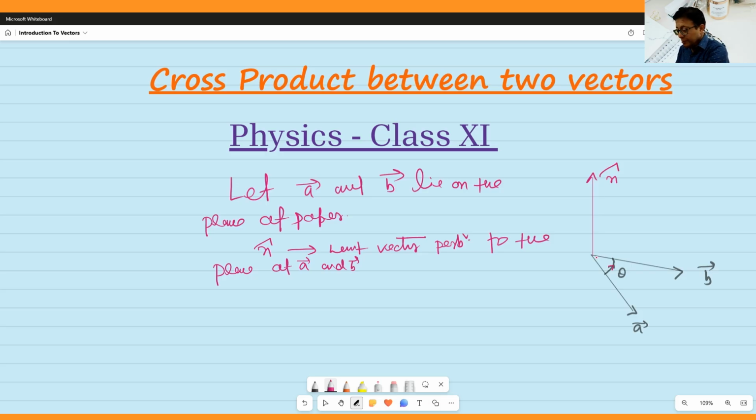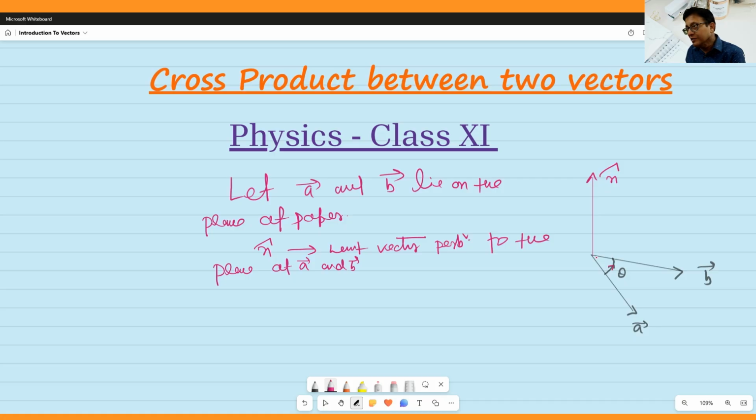How? It is because you are taking the sense of angle from A to B. Imagine your right hand is there. Fingers curl from vector A to vector B and the thumb is along vector n cap. It's like that. If it does not rotate from A to B but from B to A, then the unit vector will be inward.